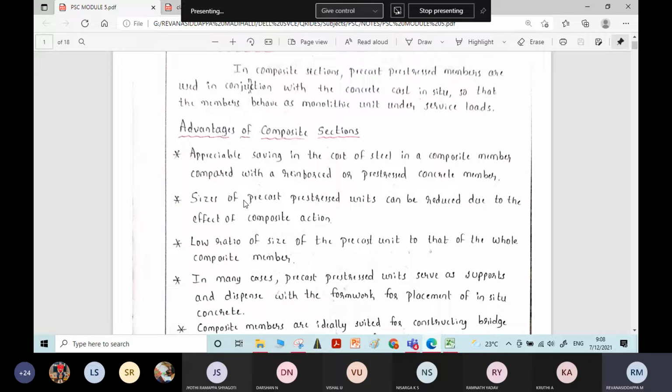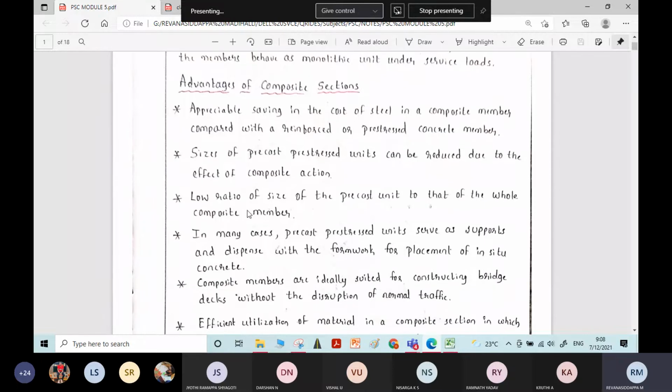Definitely, the size of the pre-stressed elements will be reduced, because if you want to go fully for pre-stressed concrete units, then obviously you need to go for higher sizes. Because of composite section, the size of the precast elements will be reduced. When the size of the precast units is reduced, the ratio of the size of the precast unit to the whole composite member will reduce. That is written in the next point.